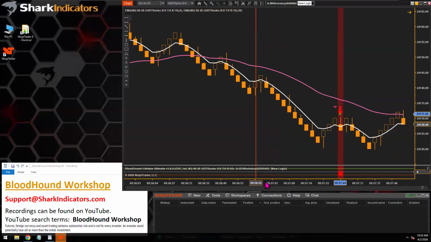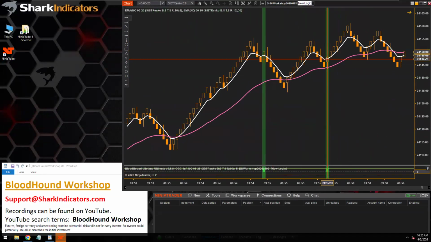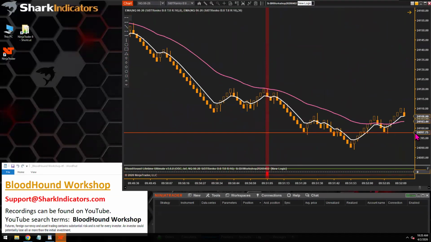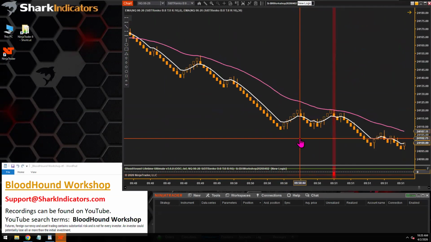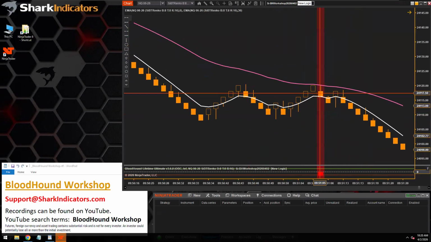Let's scan through the chart and see what we have. Yep, that looks correct, and that looks correct, and that looks correct. Now this bar almost would have nullified that signal.